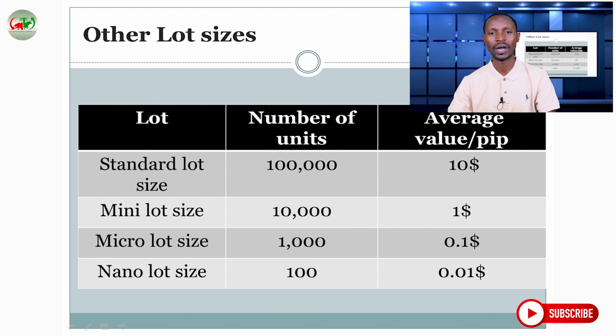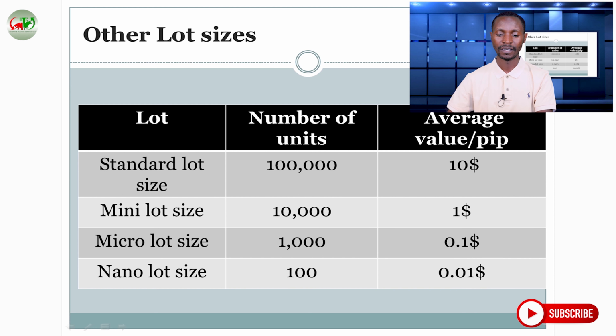If you want to know how we calculate the pip value for every pair, you can go to our website www.ultimatetraders.rw. But it is not really necessary, because the Forex brokers will calculate this pip value and display it on your trading platform. For the mini lot size, the value per pip is approximately $1.